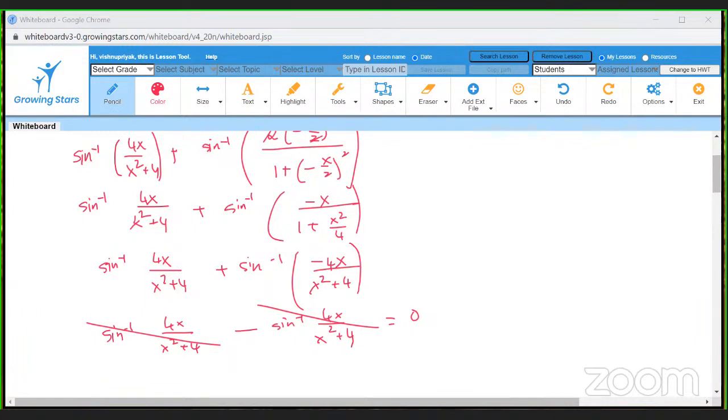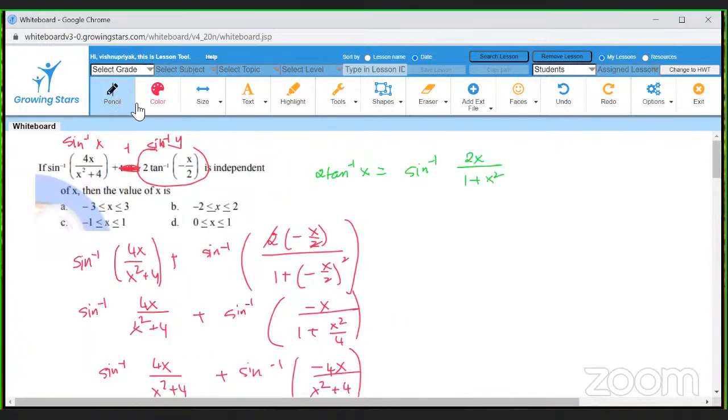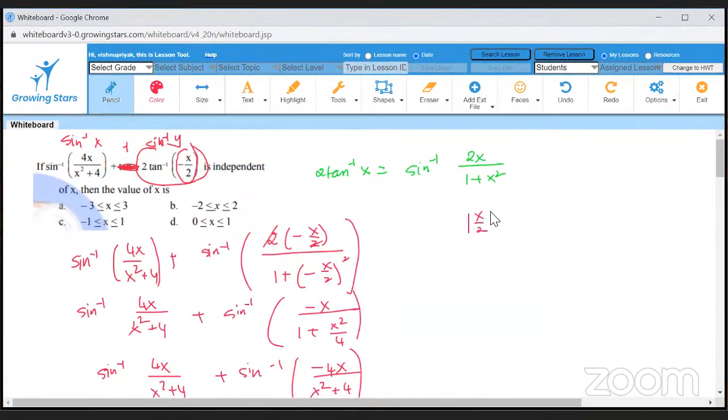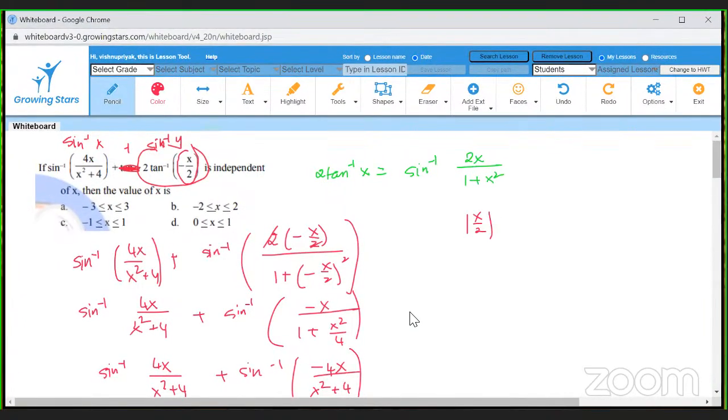So the bounds which you can take, mainly they're concerned about the bounds. The absolute value of x by 2 for tan should be lesser than or equal to 1. So absolute value of x will be lesser than or equal to 2. Solving this inequality, you can take x to be in between minus 2 and plus 2.